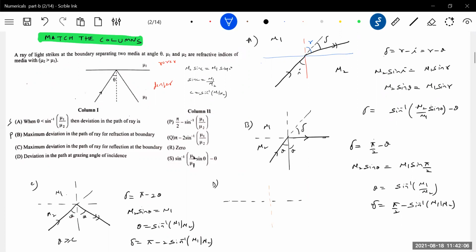The question is just grazing incidence. The ray should emerge at critical angle. This will be 90 degrees, critical angle.